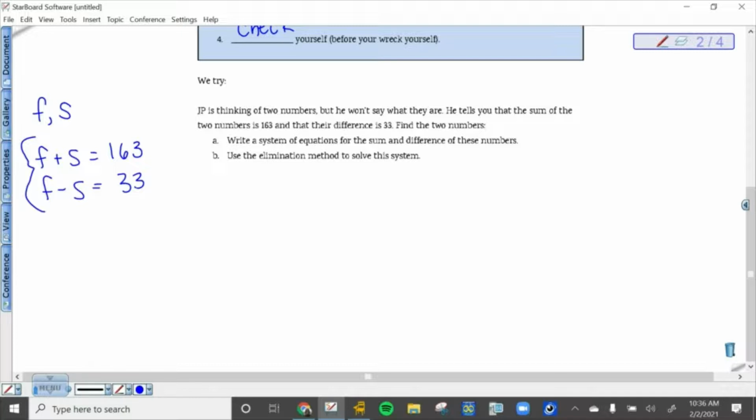So we're going to move on to the second step for solving a system by elimination. And I'm going to add my two equations together vertically. So I'm going to rewrite them. F plus S equals 163. And I'm going to add F minus S equals 33.